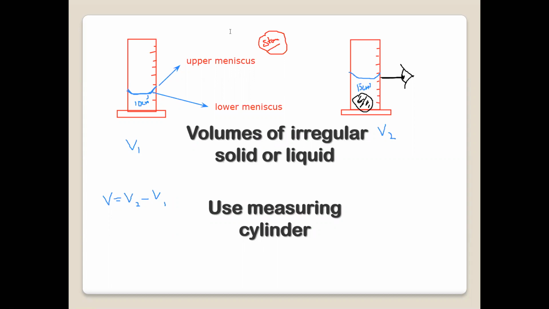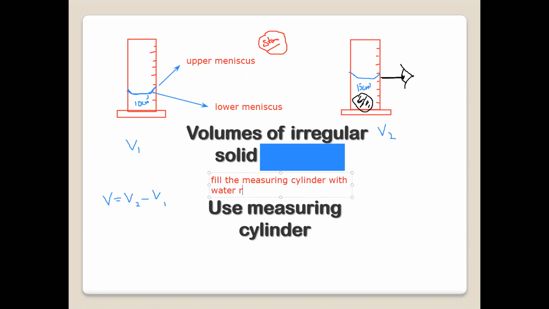So if I want to do an experiment on the volume of an irregular solid, these are the steps. Number one, we fill the measuring cylinder with water and record its volume, that is V1.